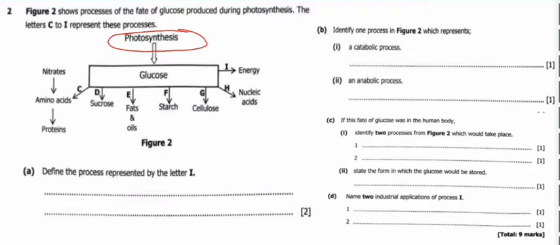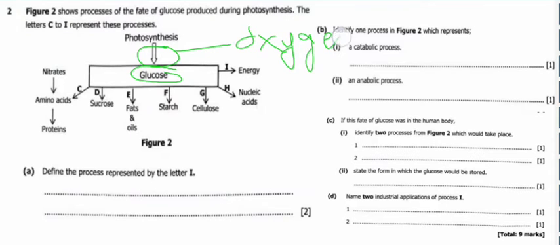So now the arrow here is just showing that during the process of photosynthesis, one product is going to be produced here, and that product is glucose, but we also have the other product, oxygen, right?